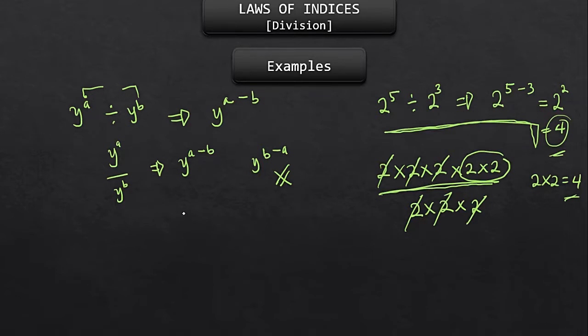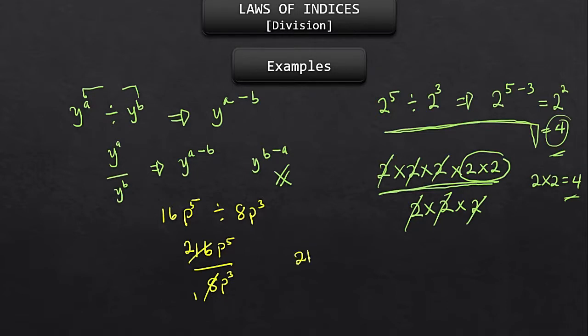So what if we had something like 16p raised to power 5 divided by 8p raised to power 3? So what's going to happen? You can see this one is just like saying 16p raised to power 5 over 8p raised to power 3. So 8 here once, and 8 in 16 will go 2 times.